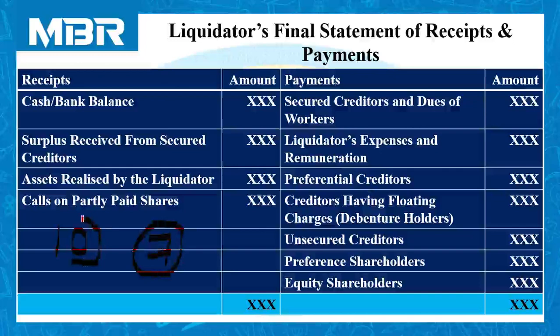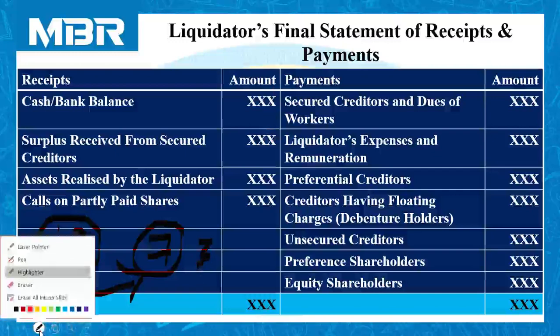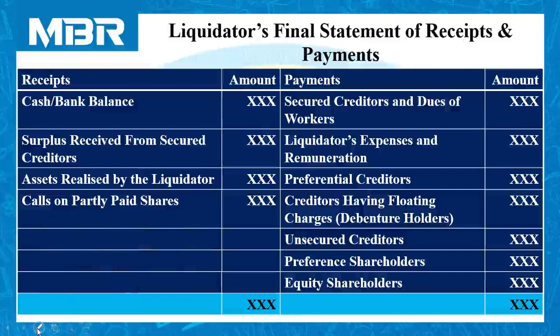In this situation, the face value of the share is rupees 10 and the called up and paid up amount is rupees 7 per share. So, the liquidator can call 3 rupees per share from the shareholders in order to complete the process of liquidation.